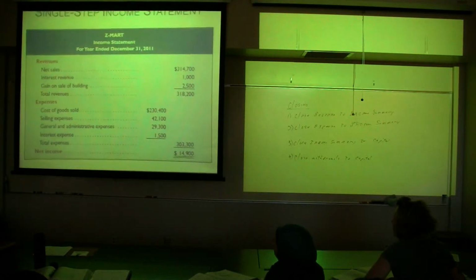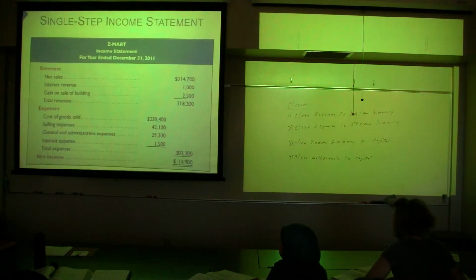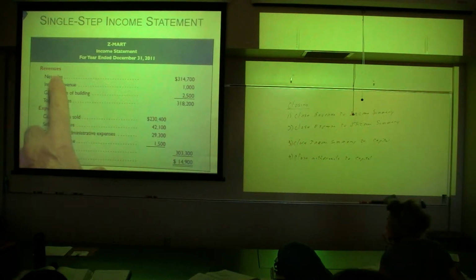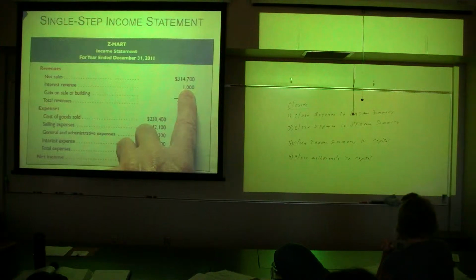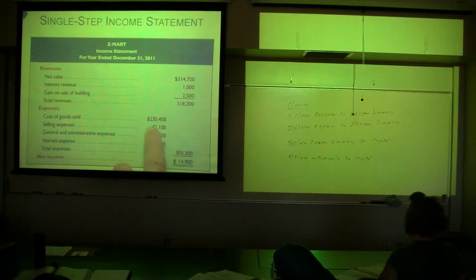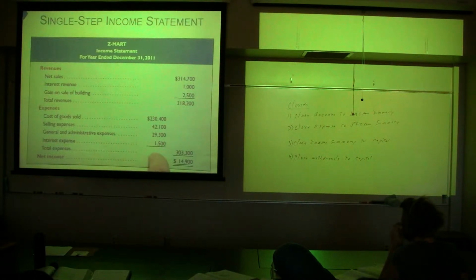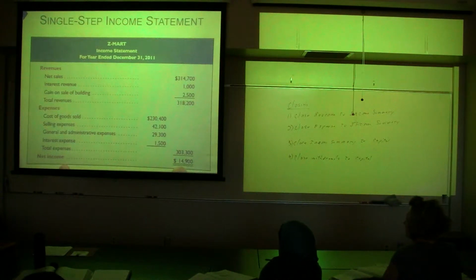What it does is it puts all of your revenues together, finds the total revenues. In this case, there was the net sales. They had money coming in from a loan. When they sold the building, they sold it for more than they paid for it. Okay? Expenses, here's your cost of goods sold, your selling expenses, general administrative expenses, interest expense, total expenses. Revenue minus expenses equals net income. Right? That's the one we've been working with.